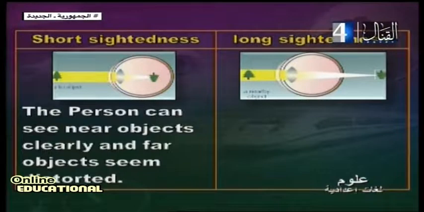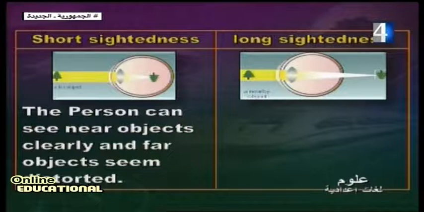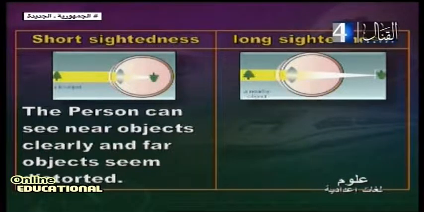In short-sightedness, the person can see near objects clearly, but far objects seem distorted. Distorted means not clear. So, in short-sightedness, near objects are clear, but far objects are not clear or distorted.